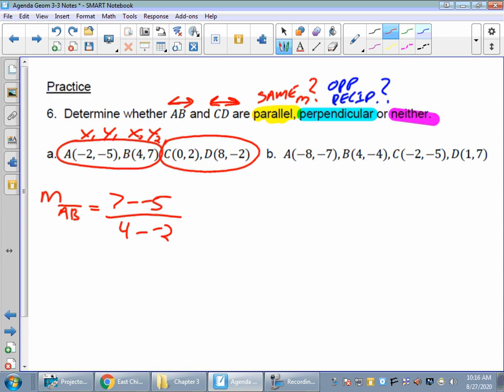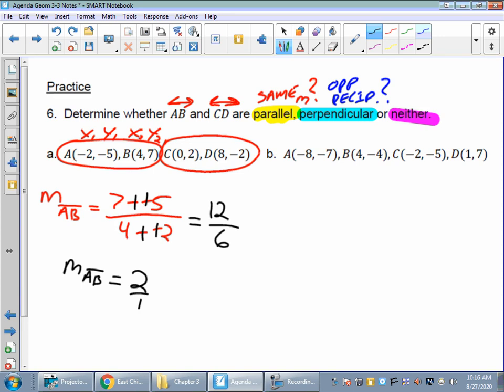Now, of course, remember we got a gotcha here because we got two negatives. So now that's really going to be 7 plus 5, which is 12, and 4 plus 2, which is 6. And 12 over 6 can reduce, so I know that the slope of AB is equal to 2. 2 over 1, or 2, right?